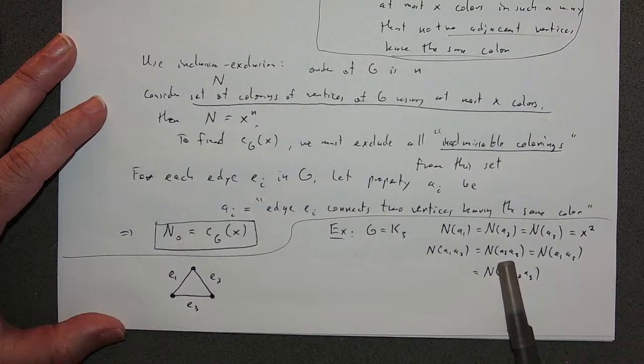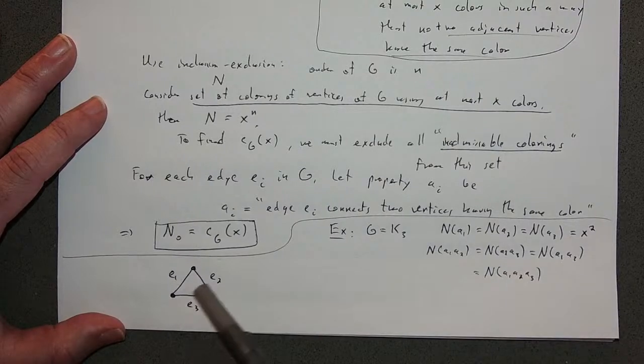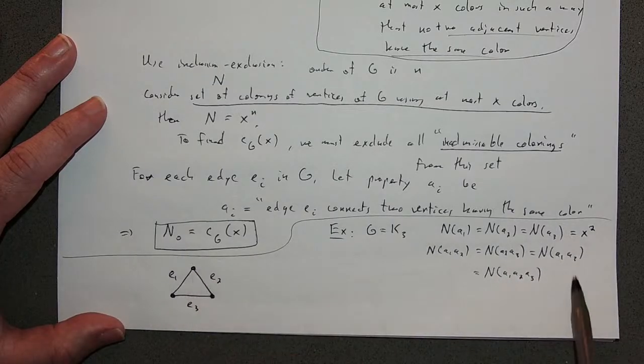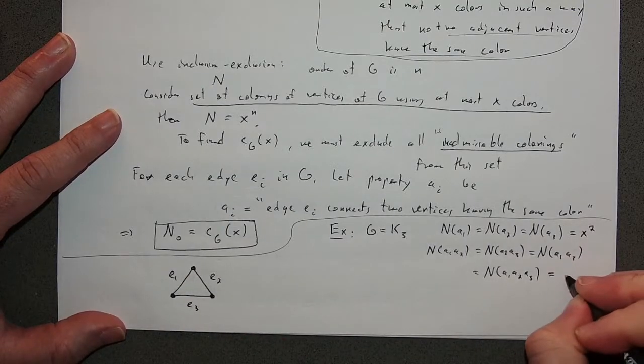Similarly, for A2 and A3, this would be E2 connecting 2 vertices of the same color, so then these 2 vertices have the same color, and E3 connecting 2 vertices of the same color. So again, we get all 3 vertices having the same color. Obviously, in A1, A2, A3, we have all 3 vertices having the same color. Same in this case. So this is all 3 vertices having the same color in each case.